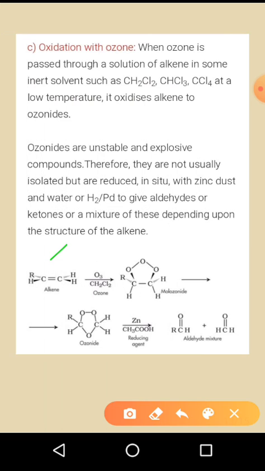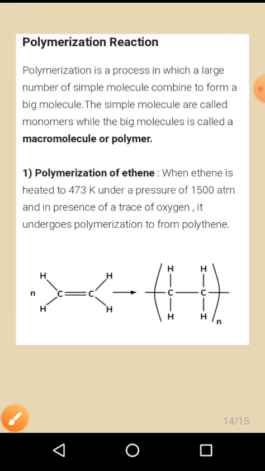When it undergoes ozonolysis reaction, it will produce a molozonide. After that, ozonide is formed. Upon reduction in presence of zinc, it will produce aldehyde mixtures.